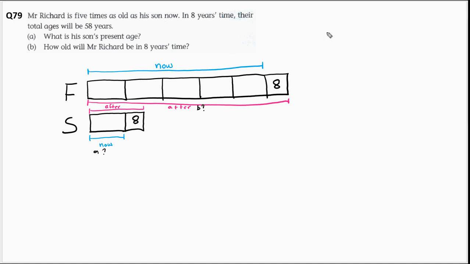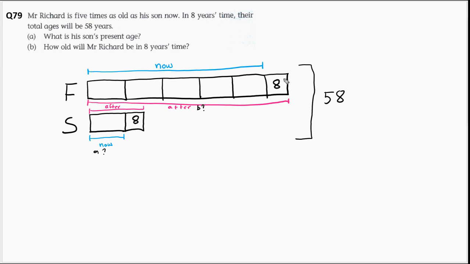Well, we're told that in 8 years' time, their total ages will be 58. Okay, so this is how we show the total of the entire model. That's 58. And in this 58, we've got this mix of equal size parts. All right, so 1, 2, 3, 4, 5, 6 equal parts and 2 values of 8.